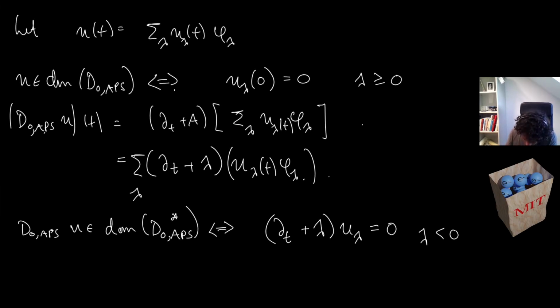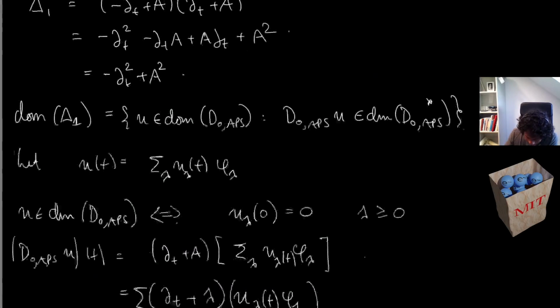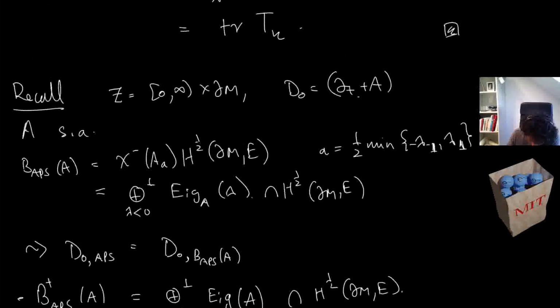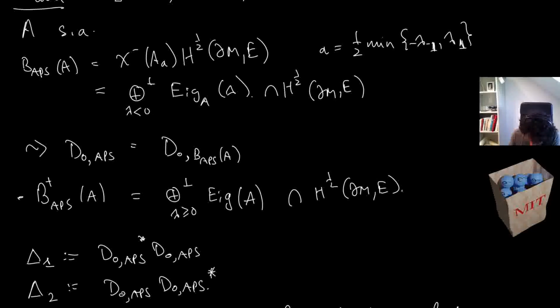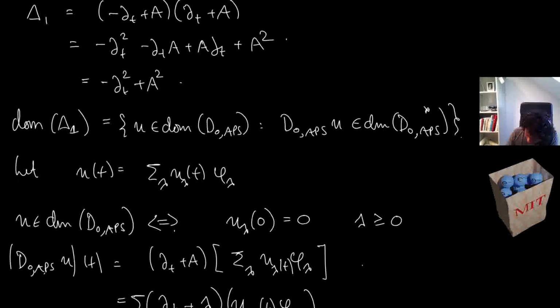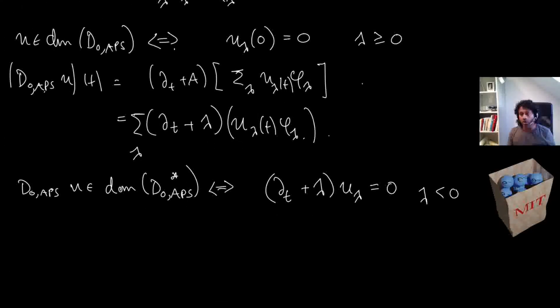Because what does it mean to be in dom d naught star APS? It's exactly this, right? It's really the annihilated subspace of the B APS of A. So that means that I'm projecting to just the positive eigenspaces. The negative ones are 0, and the positive ones take some value, right? So we have now two complementary conditions here.